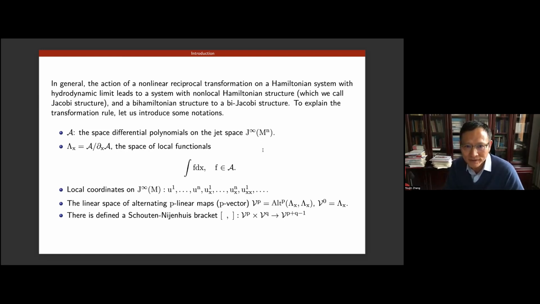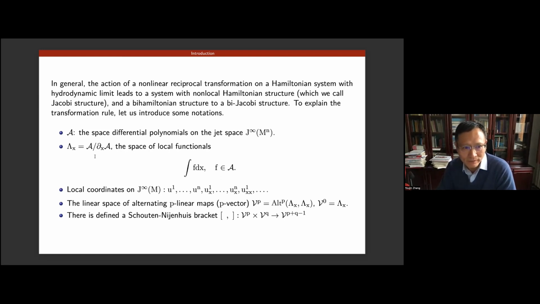So to explain this transformation law, let me introduce some notations. We denote by A the space of differential polynomials on the jet space. So we have a finite dimensional manifold M, and then we consider the infinite jet space of this.